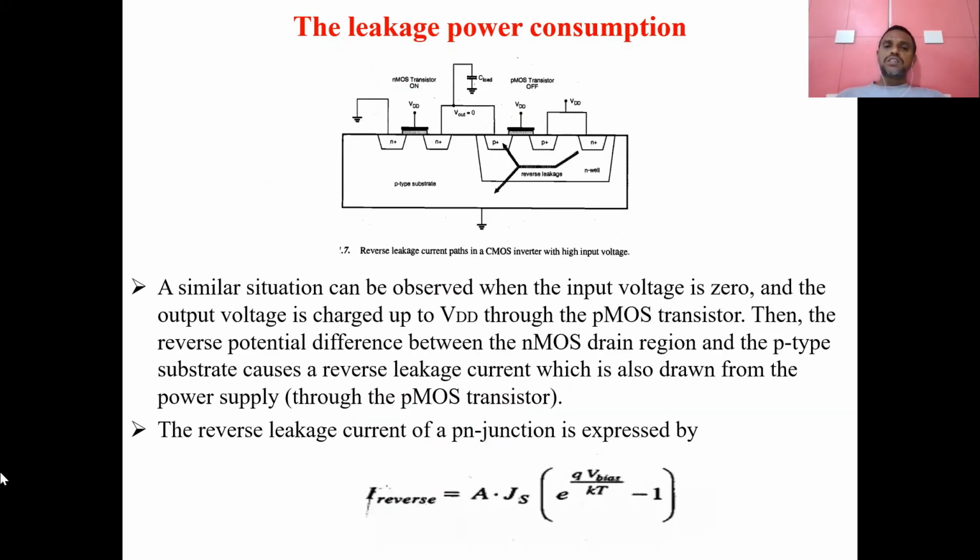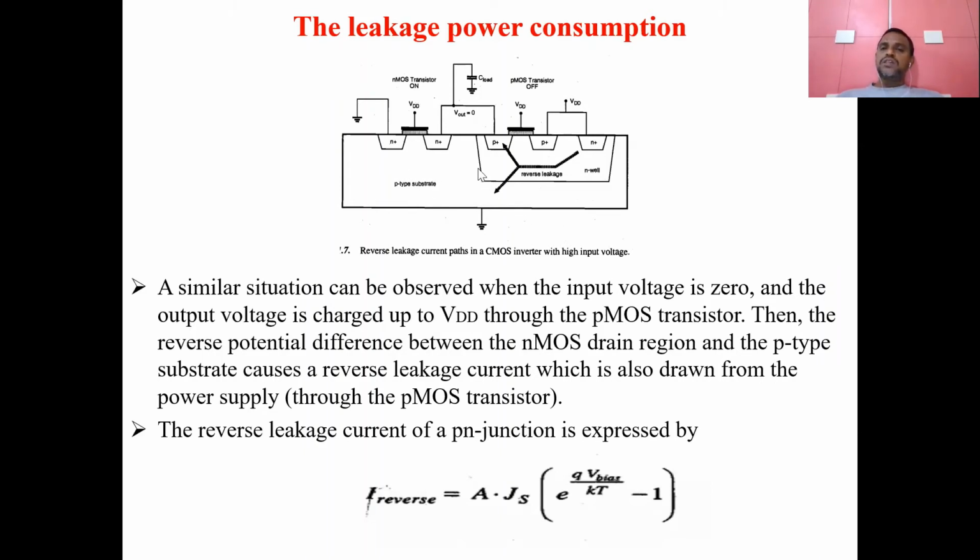If you consider this, it is nothing but the CMOS inverter we have, in the N-well process. N-well process means in this N-well we can form a PMOS transistor, and on this substrate we can form an NMOS transistor.